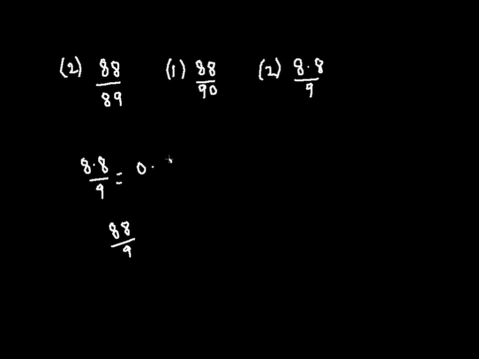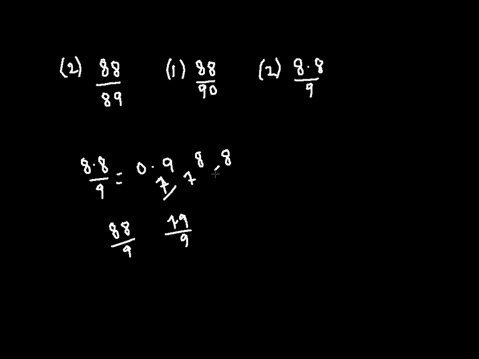So 9 9s are 81. Remainder is 7. Now our next number is 79. 79 by 9. 9 8s are 72. Remainder is 7. Again 9 8s are 72.